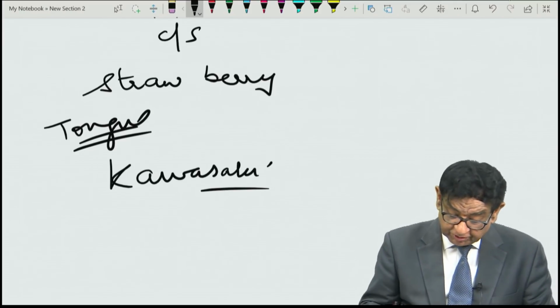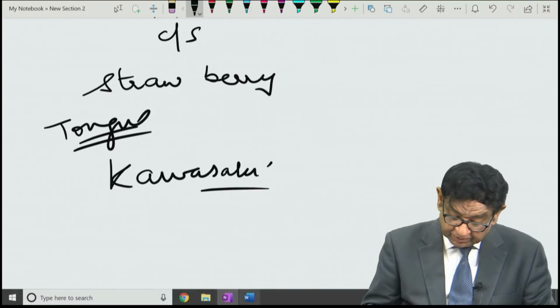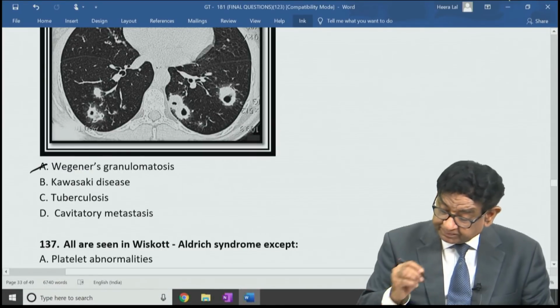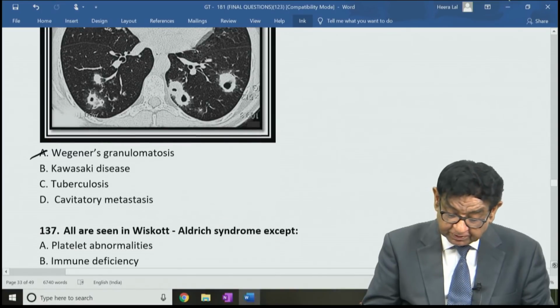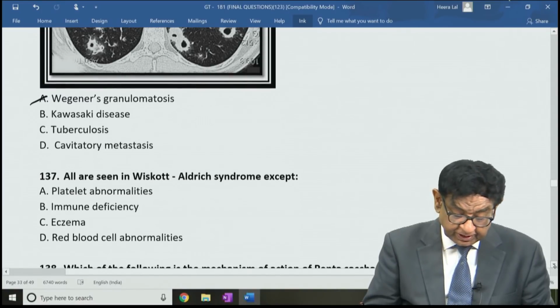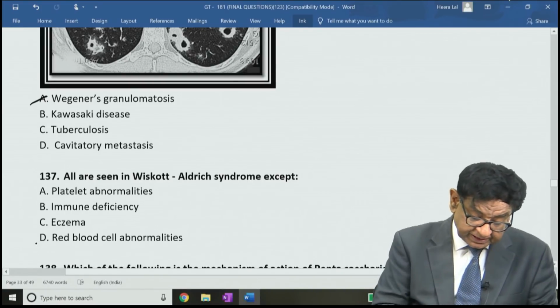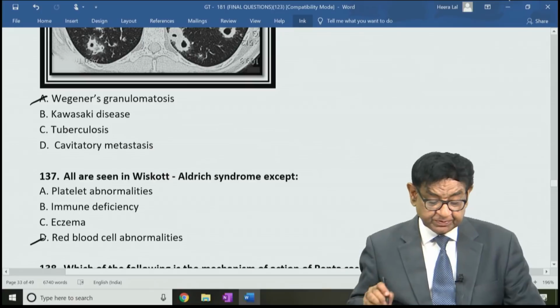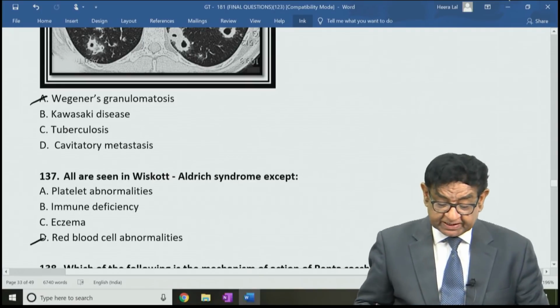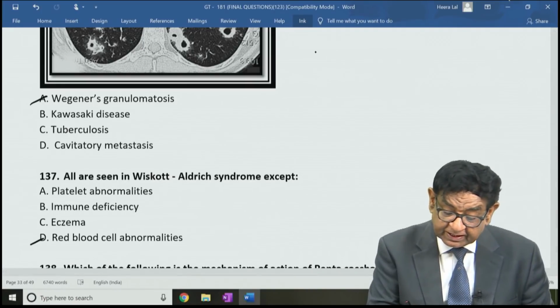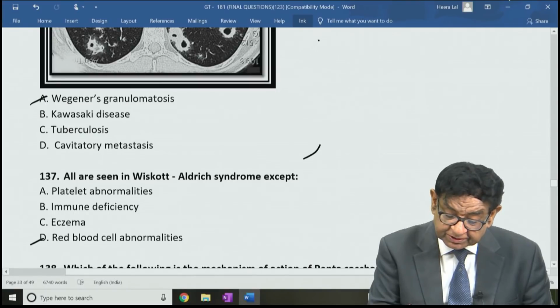Now we talk about question number 137. That is Wiskott-Aldrich syndrome. All are true except in this case. The answer is red cell abnormalities. Well, as far as Wiskott-Aldrich syndrome is concerned, it's a hereditary disorder.